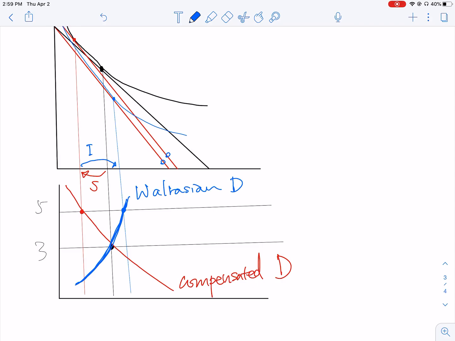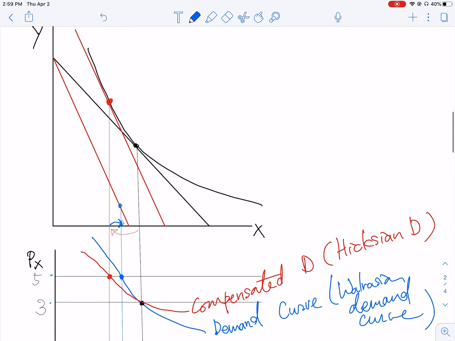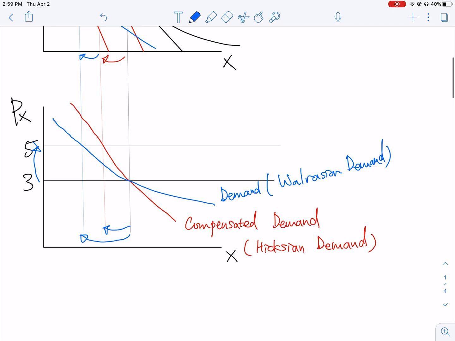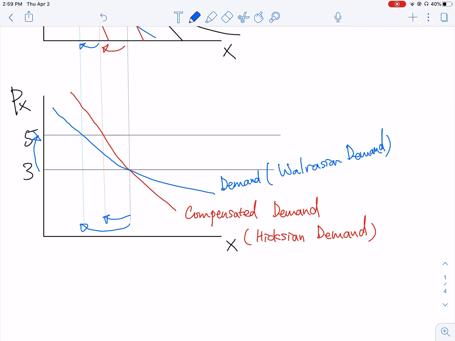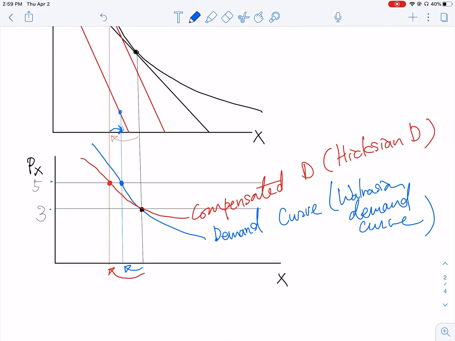So here previously, when good X is a normal good, the demand curve is flatter than the compensated demand curve. When X is an inferior good, but only a little bit, then the compensated demand curve is flatter than the demand curve.